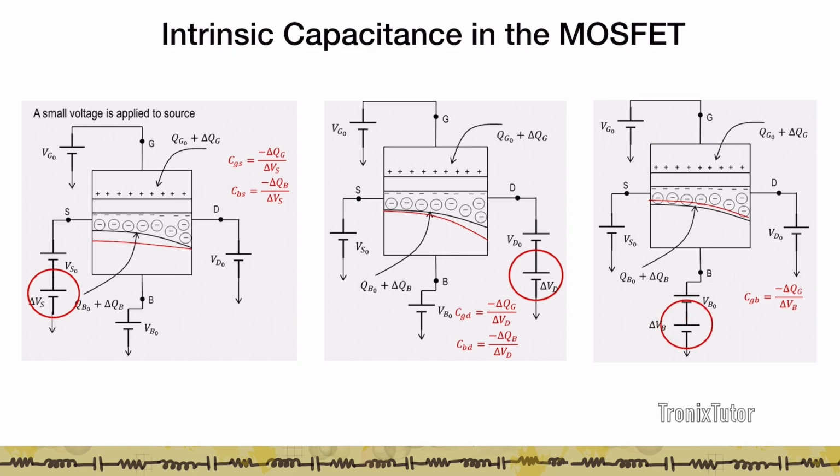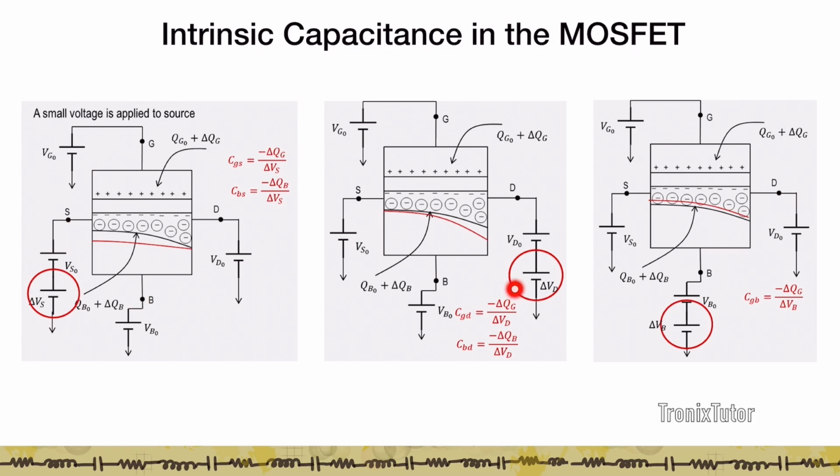When we apply a small change to the voltage at the source, it ends up changing the profile of the charge in the semiconductor, and therefore also changes the amount of charge present in the gate. So you have a change in the gate charge and a change in the semiconductor charge, both of which can be modeled as CGS, the capacitance between the gate and source, and CBS, the capacitance between the substrate and the source.